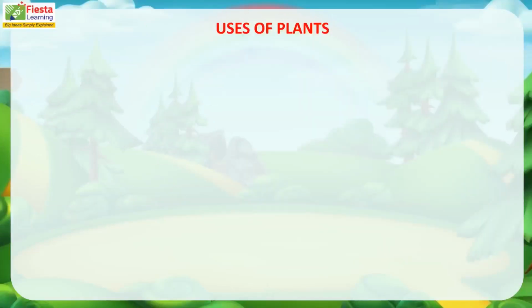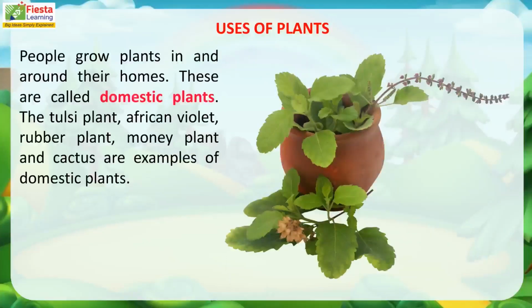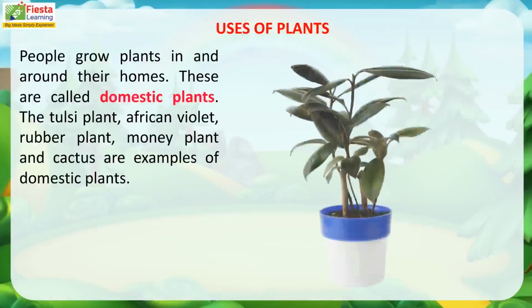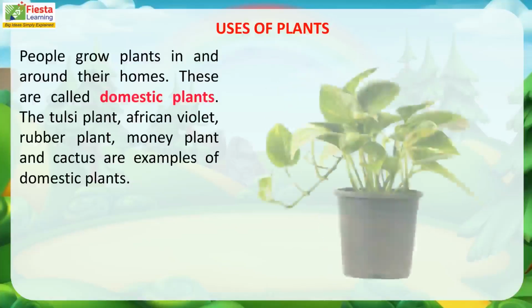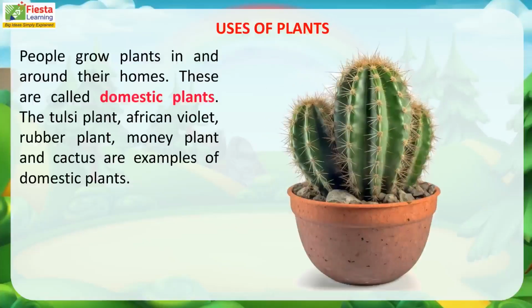Uses of plants. People grow plants in and around their homes. These are called domestic plants. The tulsi plant, African violet, rubber plant, money plant and cactus are examples of domestic plants.